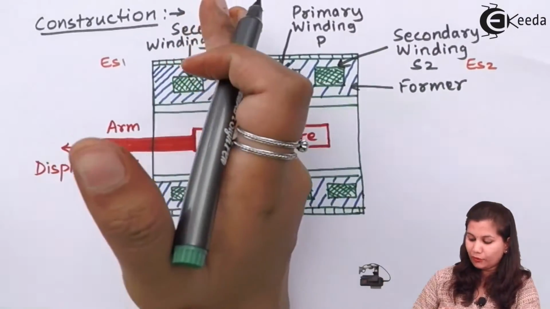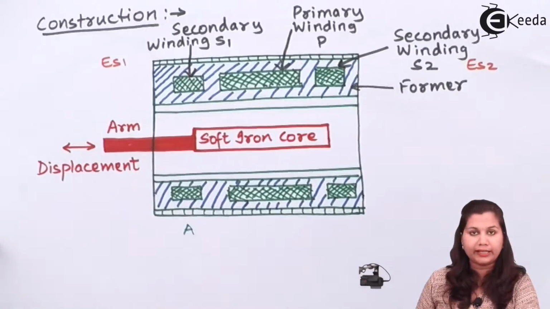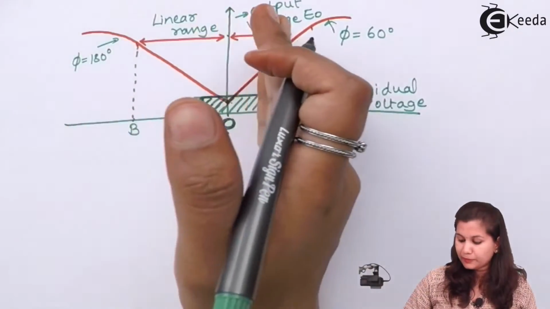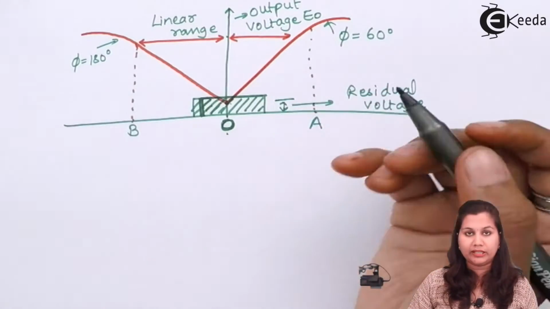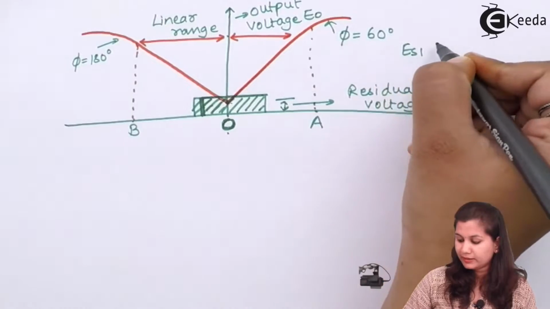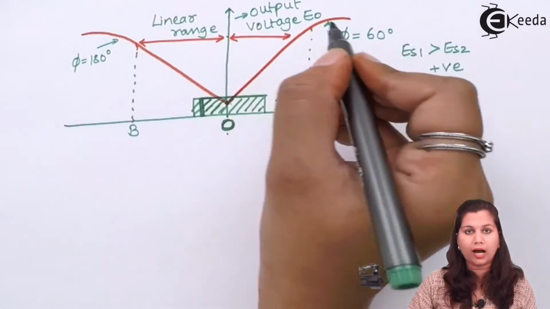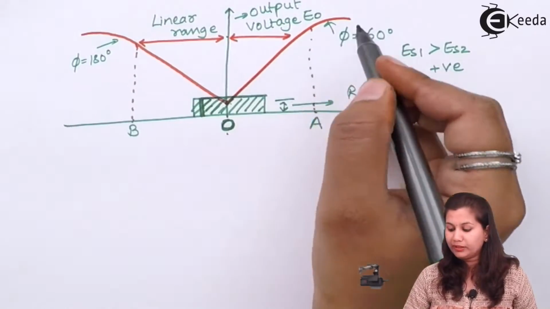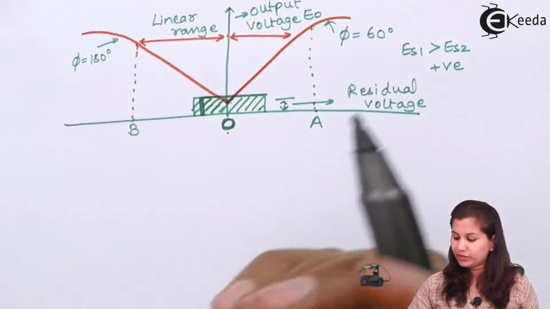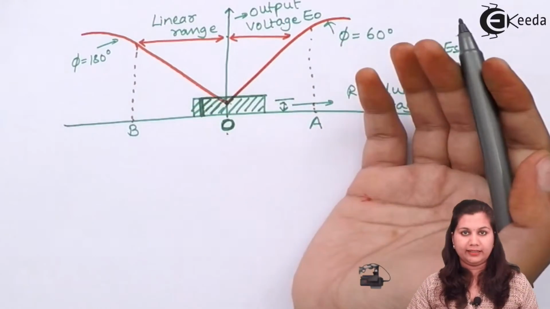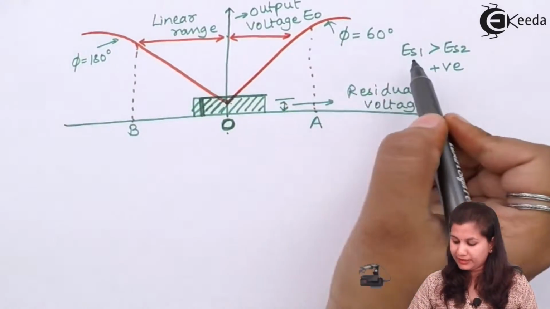Now when the soft iron core is moved to the left hand side, suppose to a position A, ES1 is greater than ES2, and we will get a positive value for the output voltage. The output is also in phase with the primary voltage. Suppose the phase angle is 60 degrees, so we get a phase angle of less than 90.